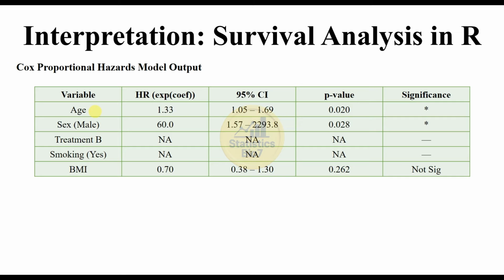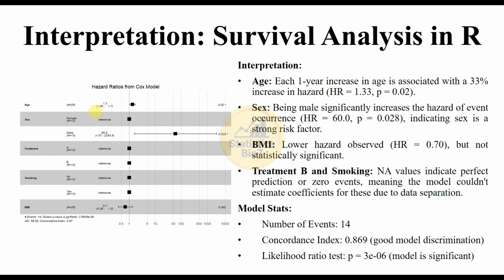Interpretation of the Cox Proportional Hazards model table and plot: a one year increase in age is associated with a 33% increase in the hazard, with an HR of 1.33 and a p-value of 0.02. Being male significantly increases the hazard of the event occurring, with an HR value of 60 and a p-value of 0.028, indicating sex is a strong risk factor.